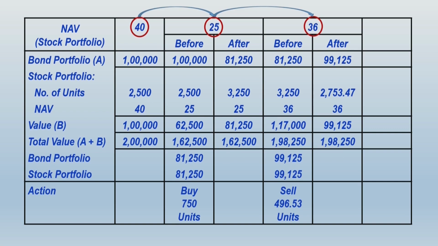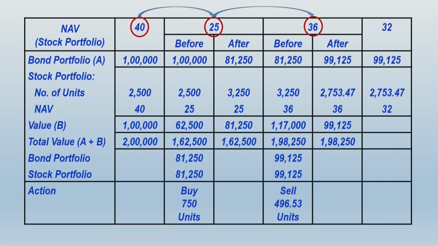The next change is given as 32, and if we talk about 32, amount that was there in your bond portfolio, it is 99,125. Amount that will be there in stock portfolio, the number of units 2,753.47, I rewrite, but the NAV what I will write over here is not 36 but 32.